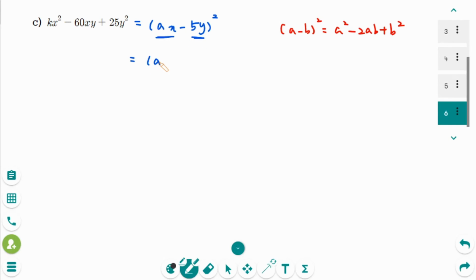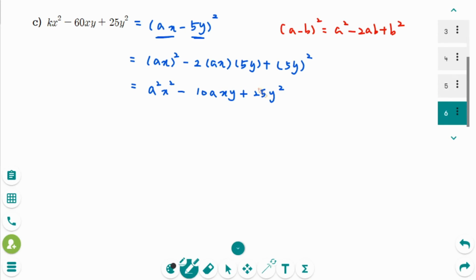So ax squared minus 2 times a part times b part plus b part squared equals a squared x squared minus 2 times ax times 5y, which is 10axy, plus 25y squared. Then compare both sides.